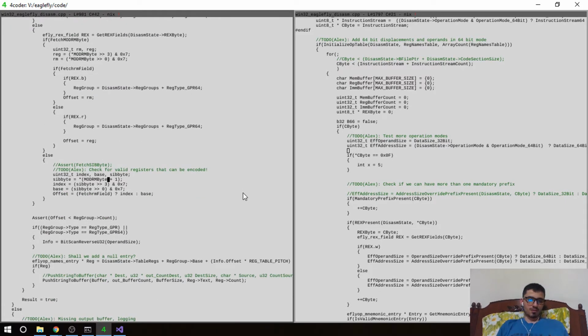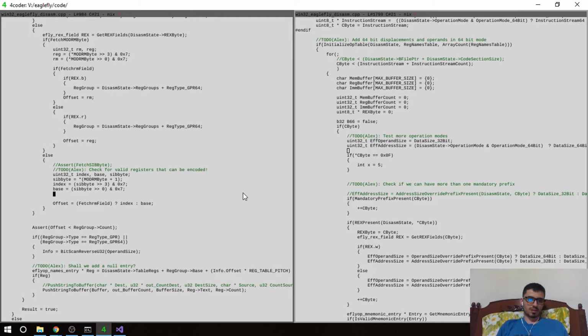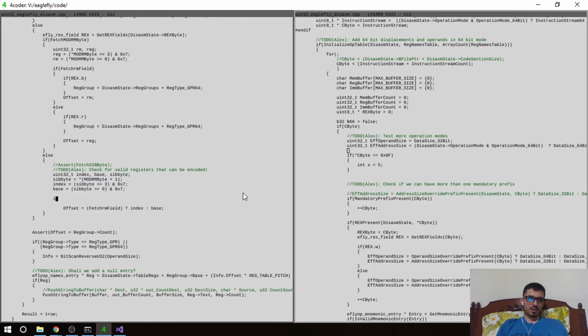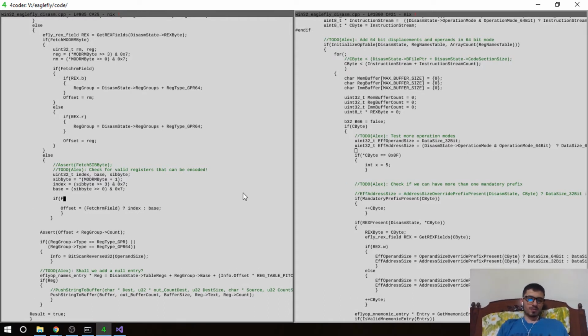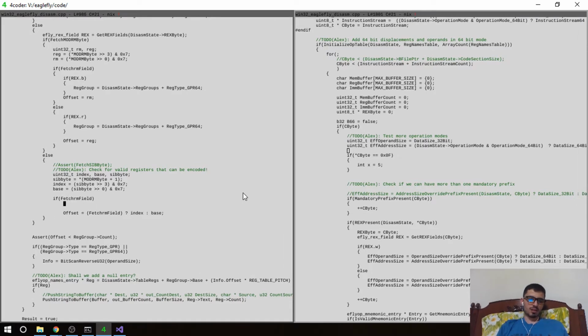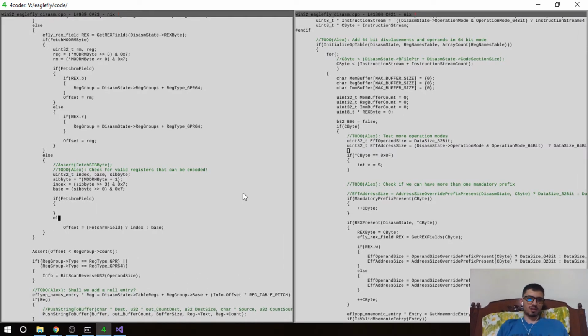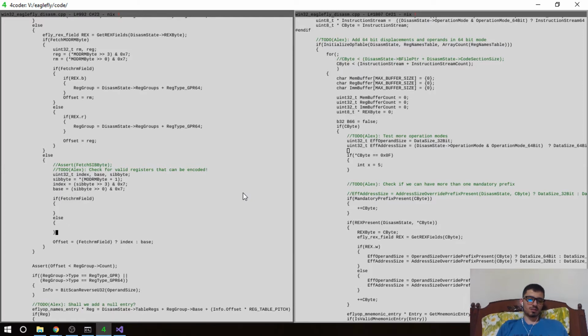We're going to have an SIB byte, we got the index, we got the base, and if we fetch the RM field, else we can do the same thing as here.